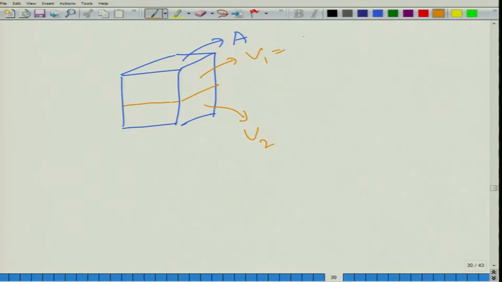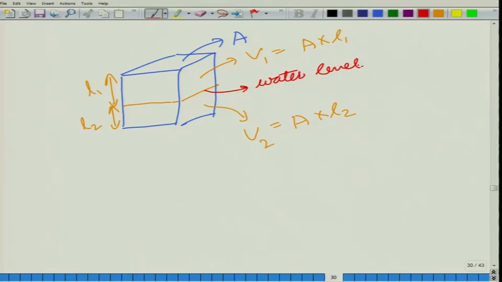Now V1 is given by A into L1, where L1 is this length, and V2 is given by A into L2, where L2 is this length. So, essentially when you have put your sample inside water, you can mark the water level. So, this is your water level.